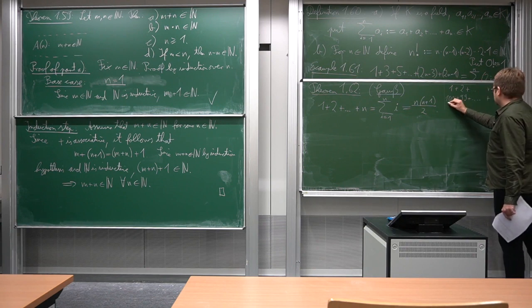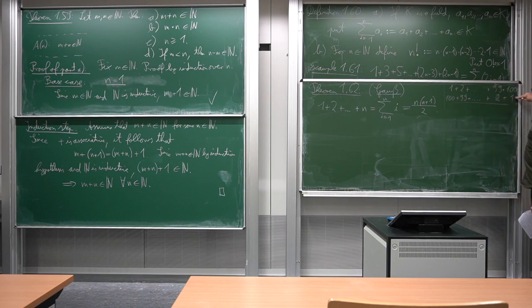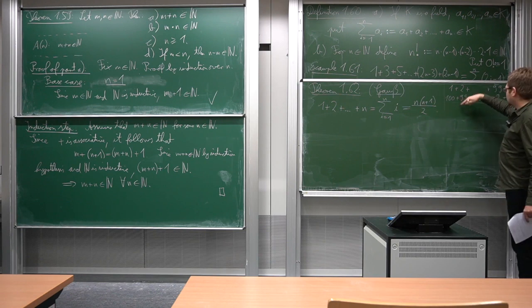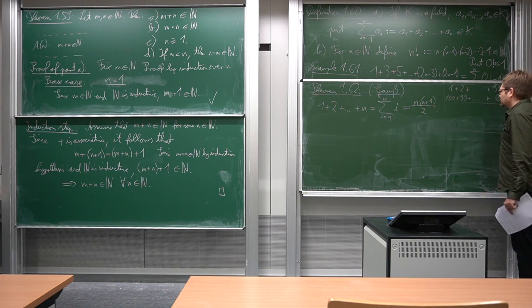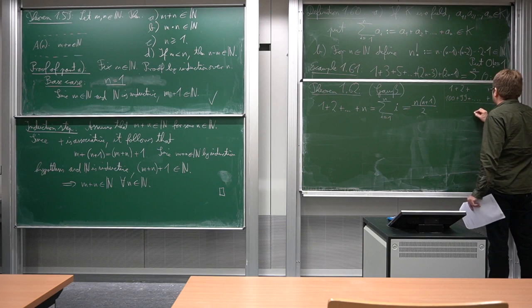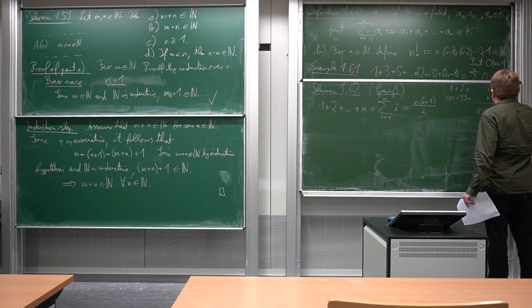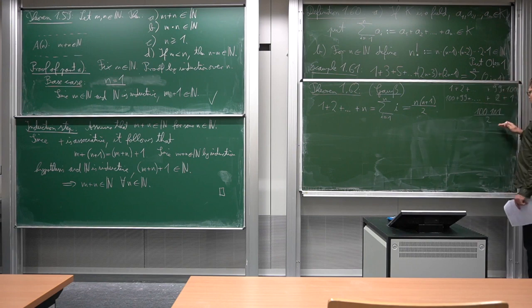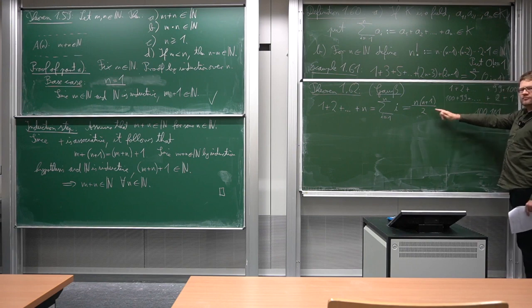Then we can see, if we add up these two numbers that are standing in each column, they are always 101. So we always have 101 in each column, and we have 100 of these columns. So it's 100 times 101. But of course, we sum up twice the same thing, so we have to divide by 2 again. So this becomes 100 times 101 divided by 2, because it's there twice. So this is the special case of this formula for n equal to 100.